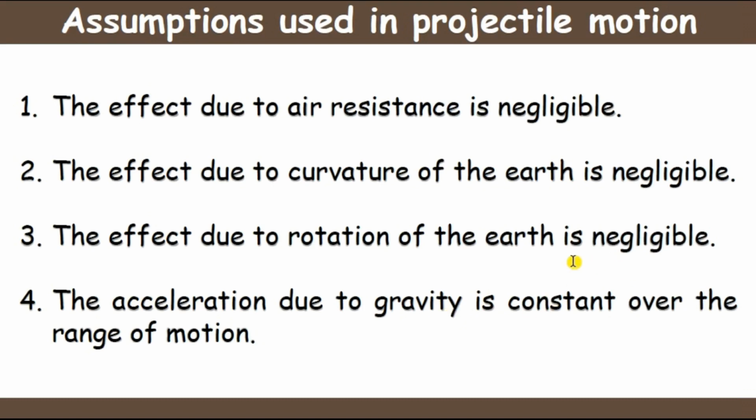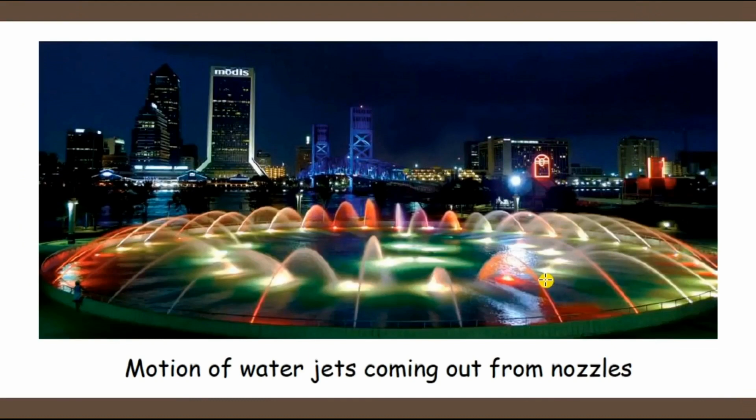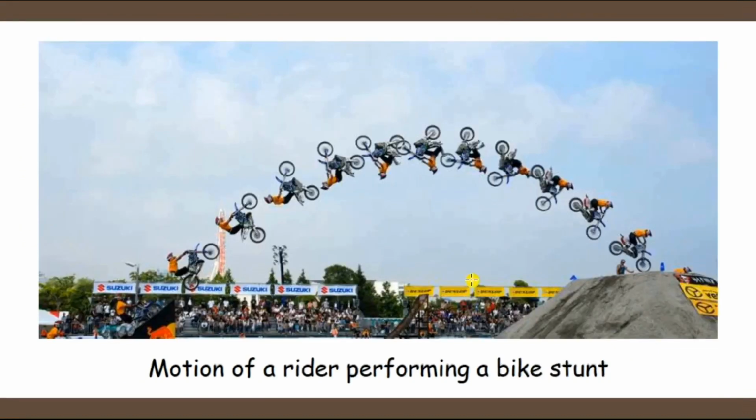Let me show you that with the previous example itself. If you look at this line over here, I will take this as a horizontal line, right? But if it is the earth's surface, then it should be taken as a curve.